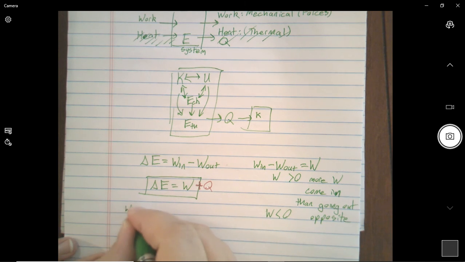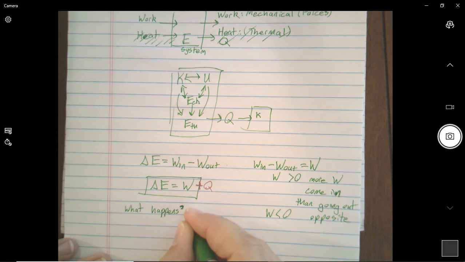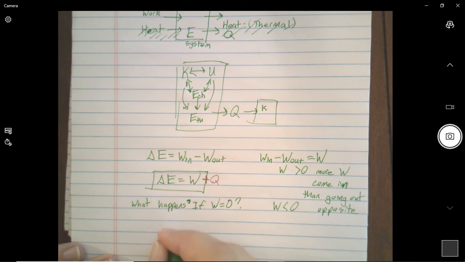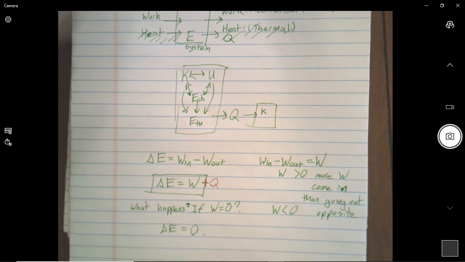So what happens if W is equal to 0? Well, in that case, delta E is equal to 0, right?